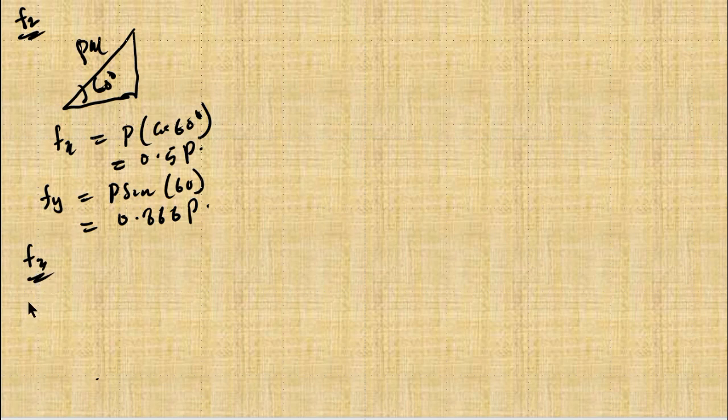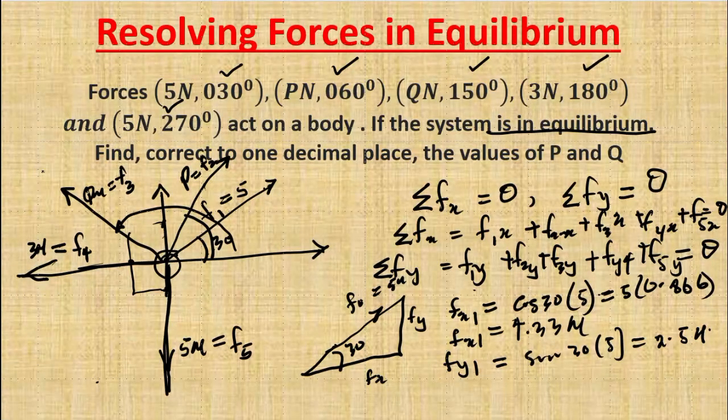For force F3, I have force F3 here to be Q Newton at 150 degrees to the x-axis. Now we'll be resolving. If you look at force F3, you notice that force F3 is lying in the second quadrant, and uniquely in this second quadrant, my f of x is negative while my f of y is positive.